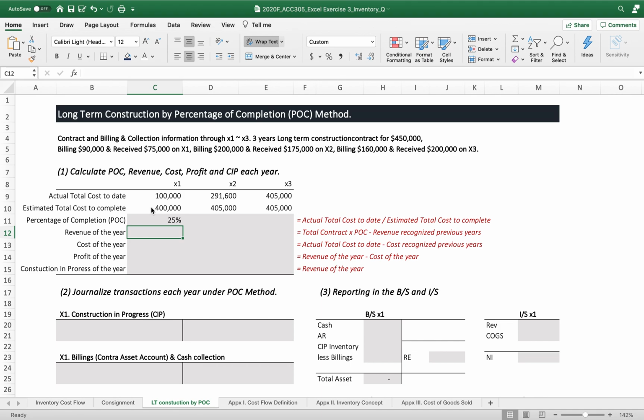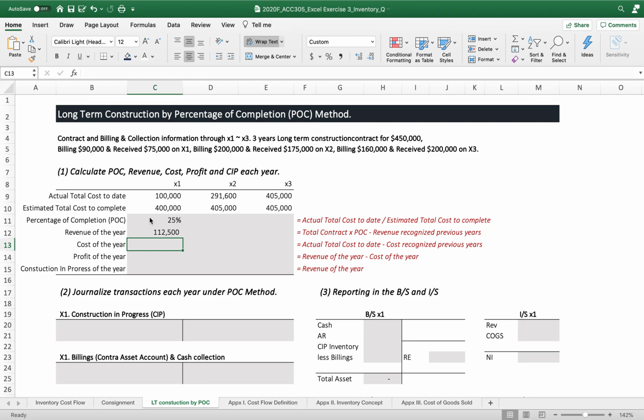How do you get this revenue of the year? That's correct. $450,000 is the contract amount, times, that's right, the 25% we finished of this project.